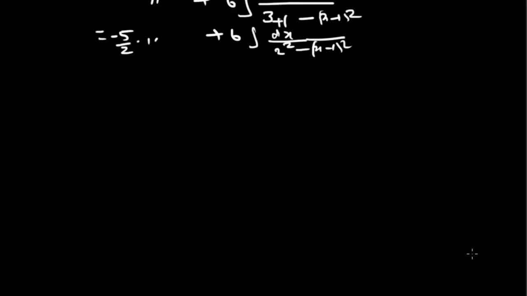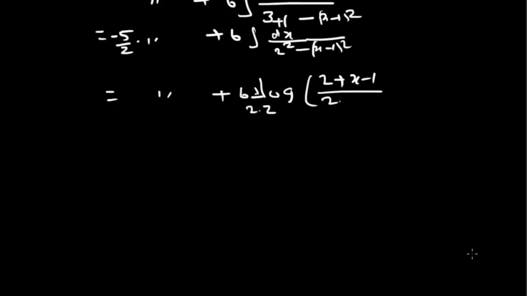Now that expression is written once again ditto, plus 6 into the formula for a squared minus x squared: 1 by 2a log of a plus x by a minus x, that is 2 plus x minus 1 by 2 minus x minus 1, 2 minus x plus 1, plus c.